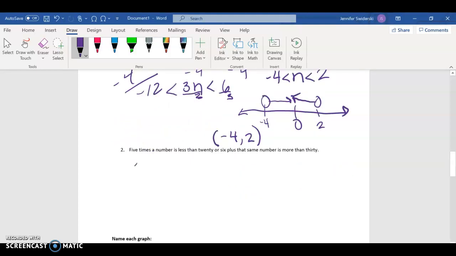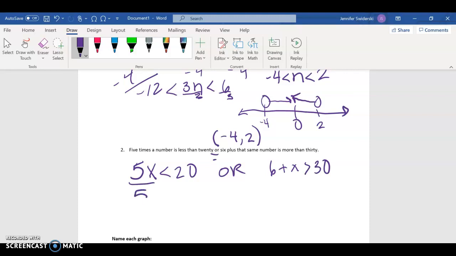Next one, it says 5 times a number, so I'm just going to say 5x is less than 20, or, keyword, that tells me it's an or problem, 6 plus that same number is more than 30. All right, so let's go ahead and solve each inequality.